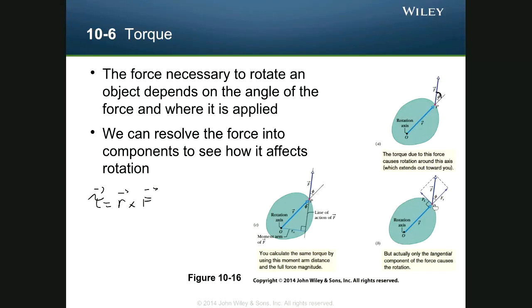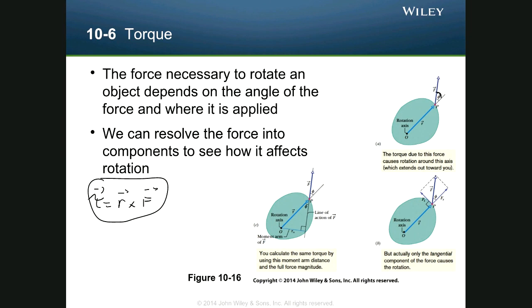And so in order to quantify that, we call the force acting this distance away from this axis point a torque. They won't give you this definition, I don't think, till chapter 11, but this is the good definition of torque. This is always how I picture it.